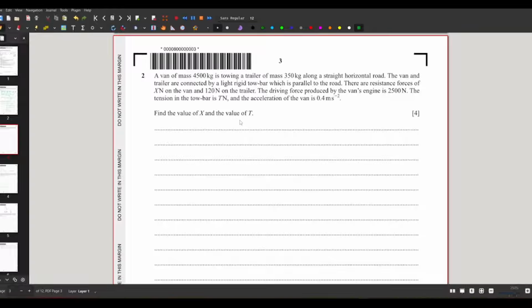So in this case, okay, let's make a sketch for this one. Let's say this is the trailer and this is our van. So we will write this is the trailer, this is the van, and they are connected with the tow bar, right?